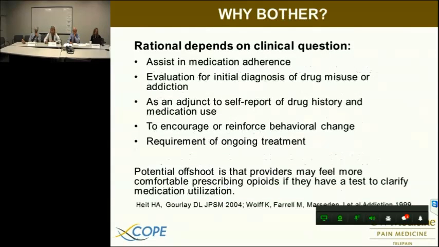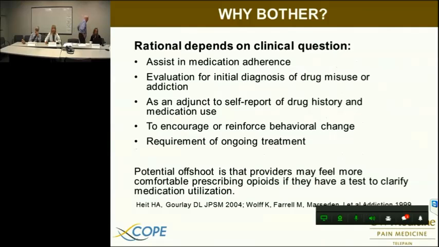So why do we bother? I think that as we need to document more, it's worthwhile asking these questions because we need to document why we're doing it. We want medication adherence to help with patients getting in line for doing what they really should do. It also can be a diagnostic tool. It helps us with the initial diagnosis of drug misuse or addiction.